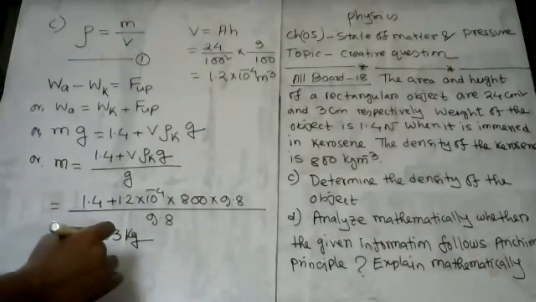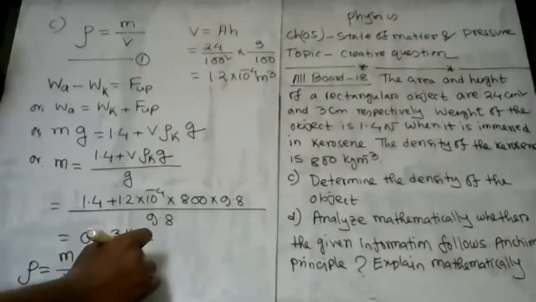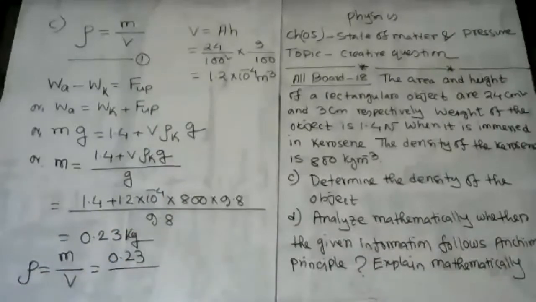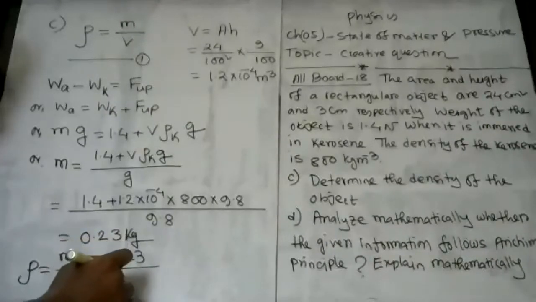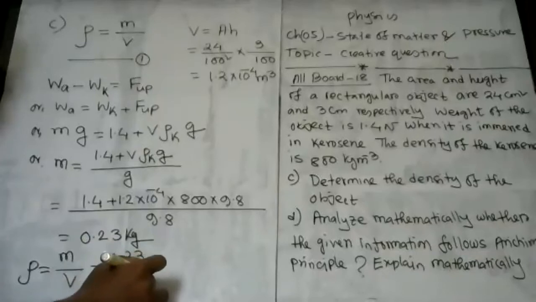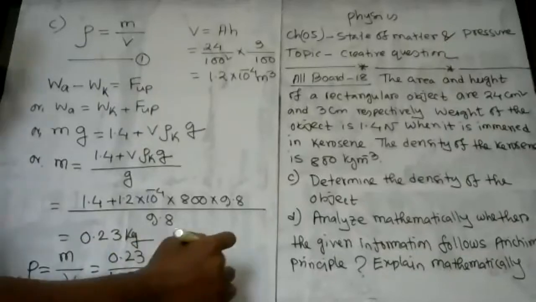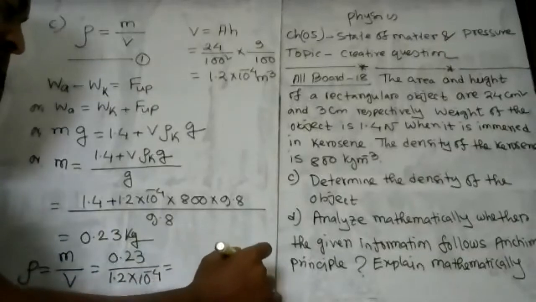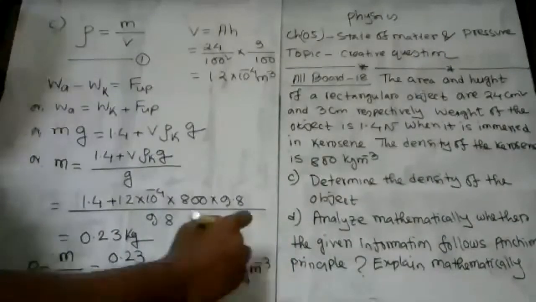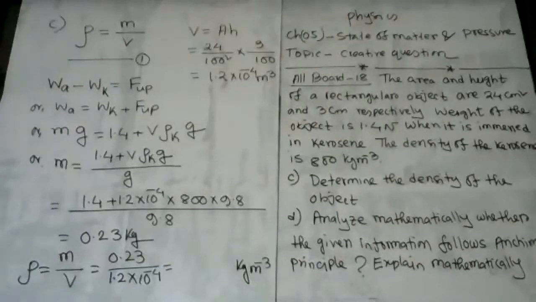Mass of the body is 0.23 kg, and volume of the body is 1.2 into 10 to the power minus 4 meter cube. Now find out the density of the body in terms of kg per meter cube.